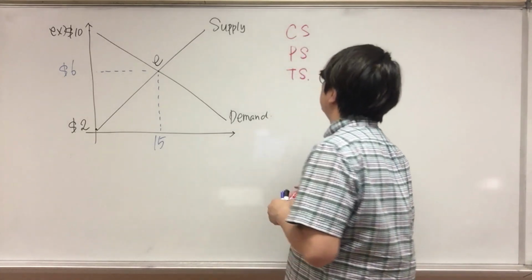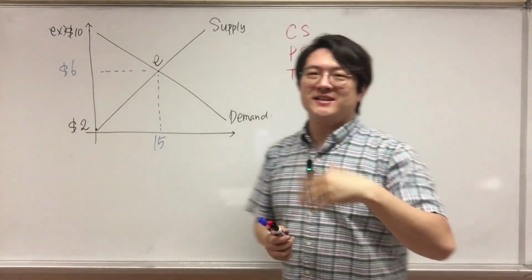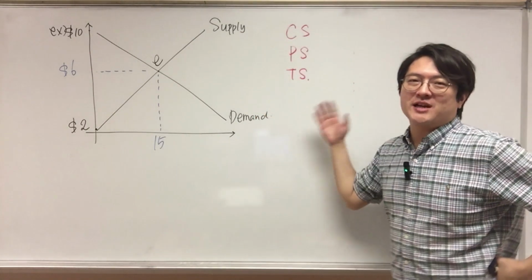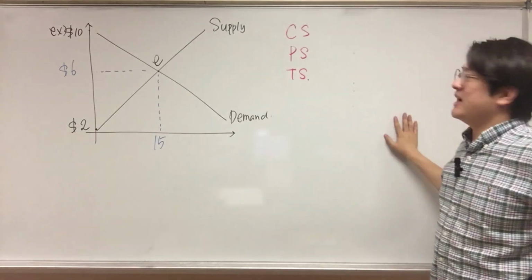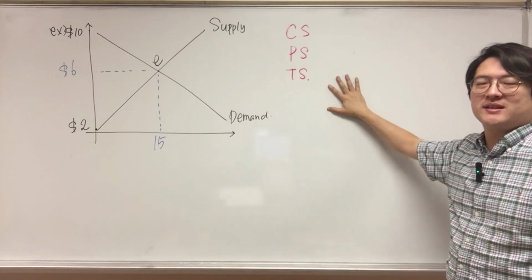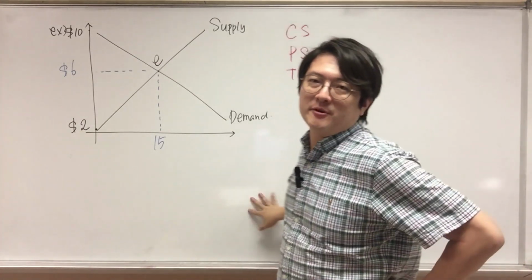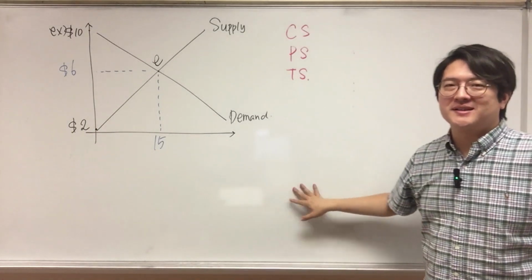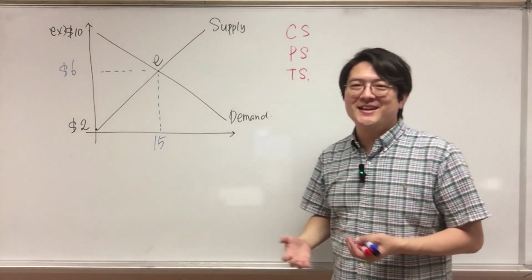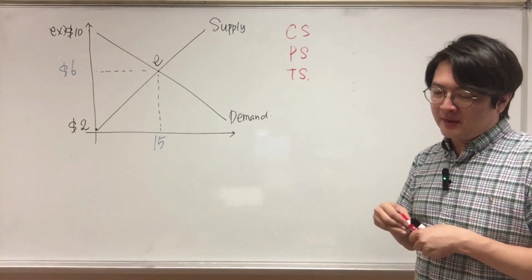In every in-person class, I let the students calculate consumer surplus and total surplus at the whiteboard. But this class is an online class, so I will give you the answer.